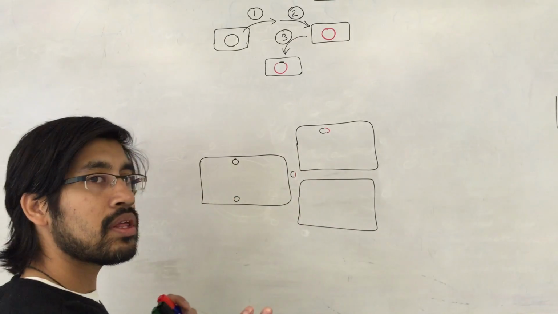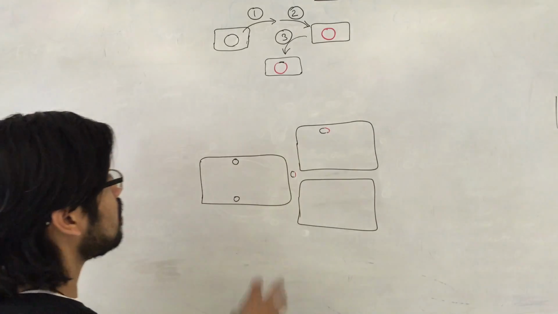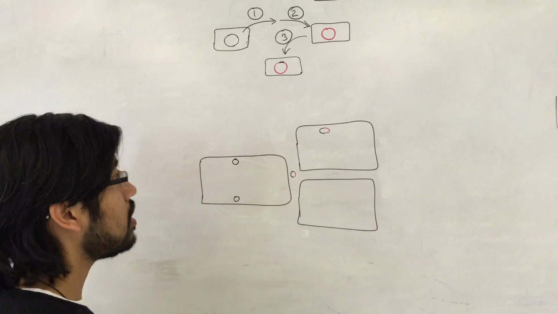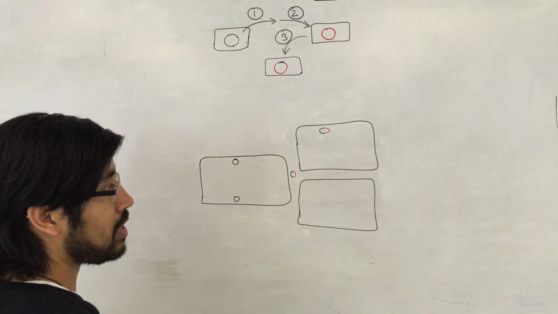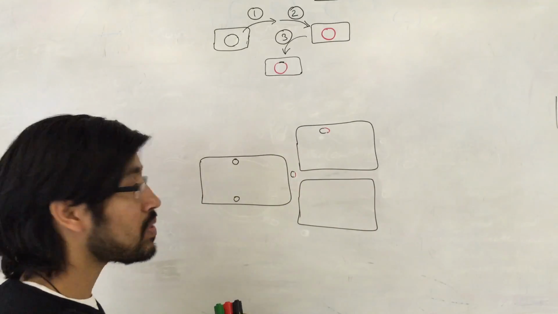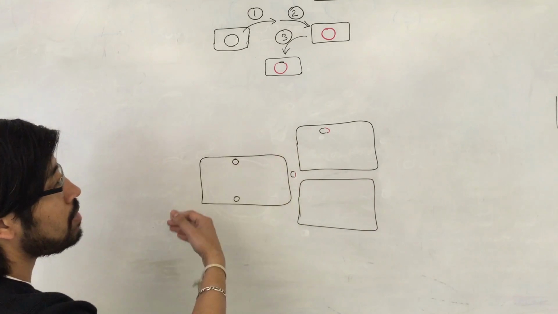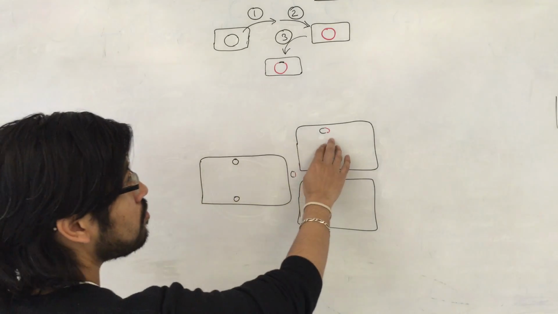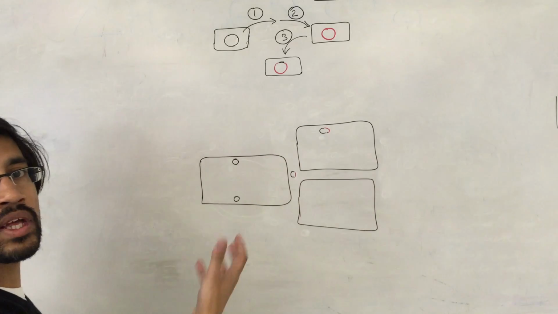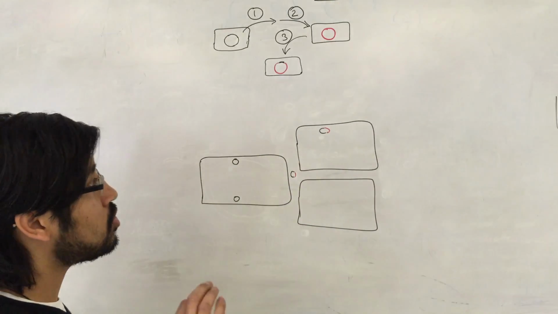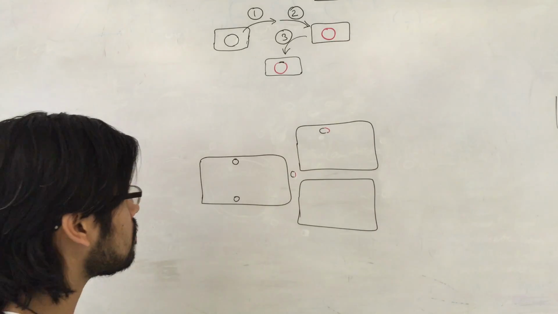But the complicating factor is that not all the cells have taken up the recombinant plasmid. Some cells haven't taken up any plasmid. Some cells have taken up plasmid, but not recombinant plasmid. So only a small fraction of all the cells that we use will be transformed, transgenic bacteria.